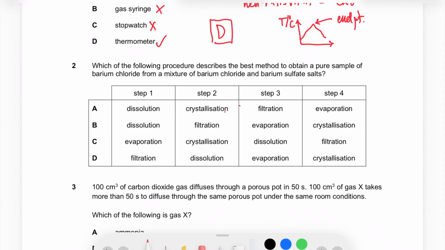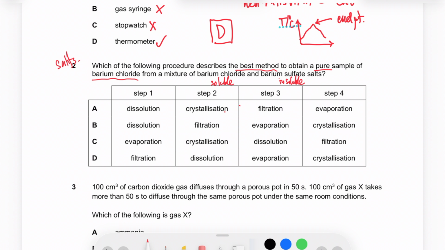Okay, next one. Question 2. Which of the following procedures is the best method to obtain a pure sample of barium chloride from a mixture of barium chloride and barium sulfate? From your salts solubility, you know that barium sulfate will be insoluble and barium chloride will be soluble.